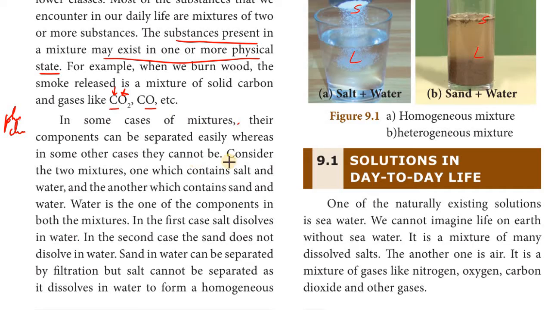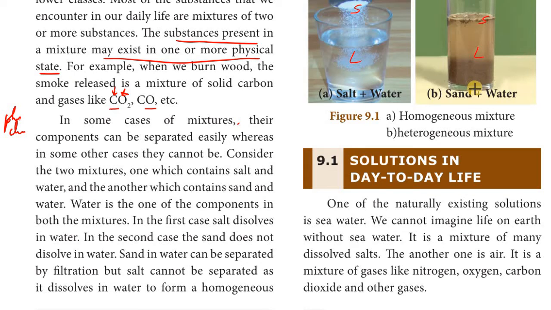Okay. Now, let us consider two mixtures, one which contains salt and water and the other which contains sand and water. So these are the examples. Now water is one of the components in both the mixtures, whereas in the first case salt dissolves in water whereas sand doesn't dissolve.